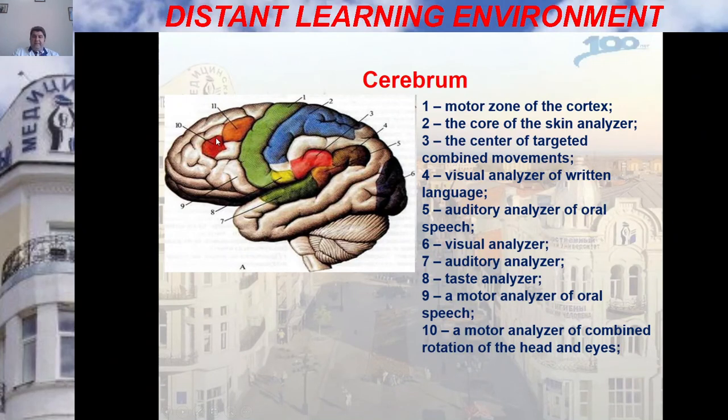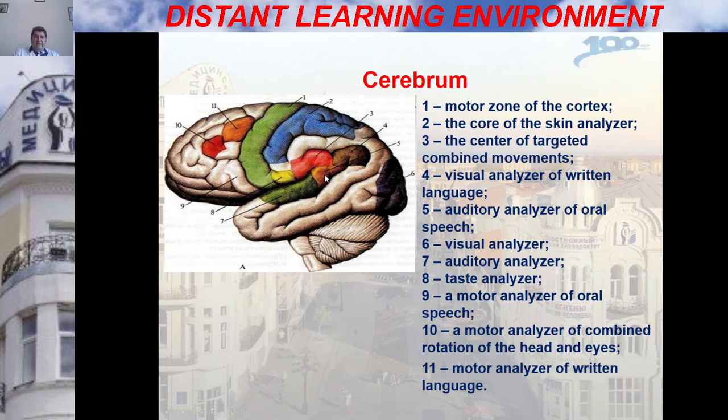Number 10 motor analyzer of combined rotations of the head and eyes. In number 9 a motor analyzer of oral speech, and in number 11 a motor analyzer of written language, to write the words.